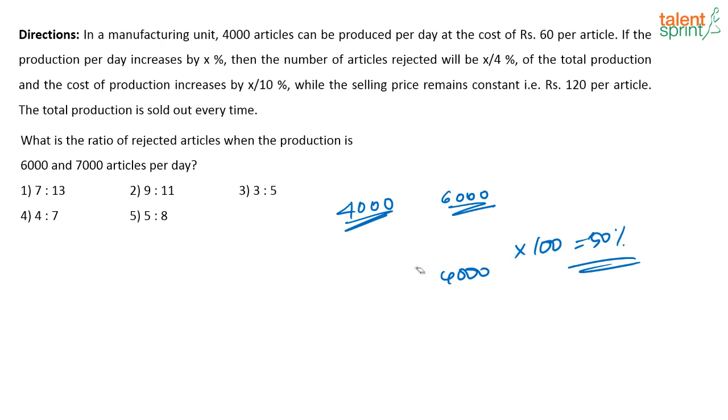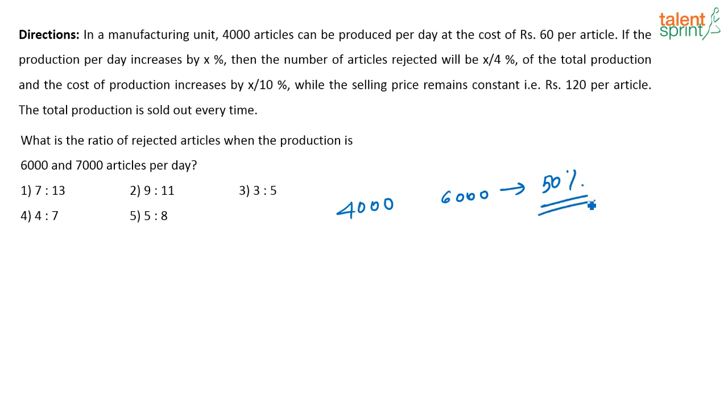What are we doing here? Normally the production is 4,000 units per day. Now the production has become 6,000 units per day, or how much is the increase? Half of this 4,000, right? 2,000 is the increase, or half of 4,000 is the increase, or I can say there is a 50% increase in production. So this X percentage here, for this particular case, what does X percentage represent?